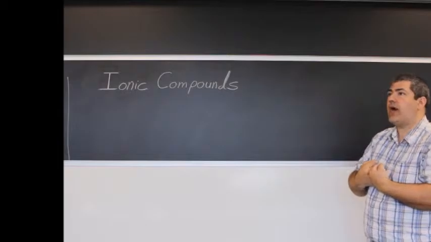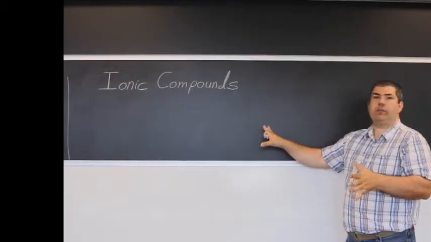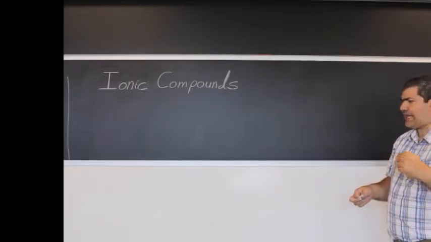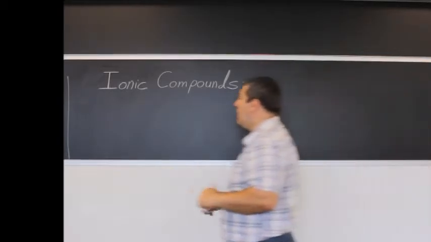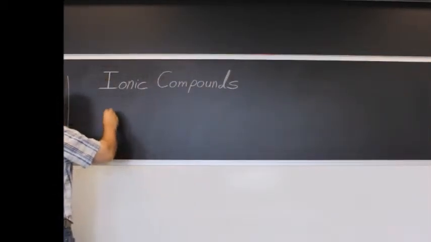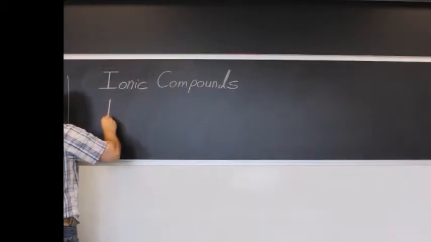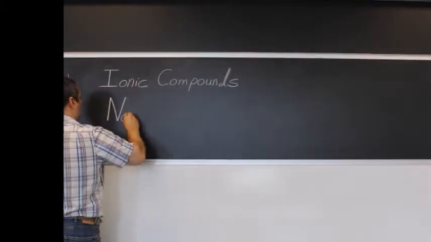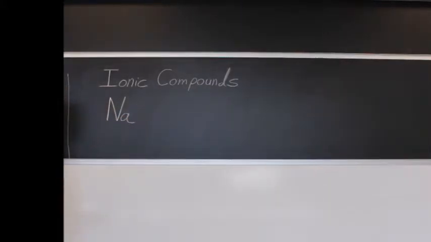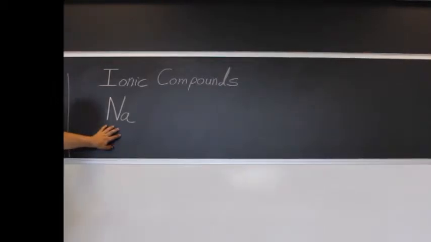And we're going to see that the reason why ionic bonding is simple is because we can treat everything as a charged species. And what I mean by that is, let's say we have elemental sodium. Na is sodium. Sodium is typically a nice shiny metal, but it's chemically very, very reactive.